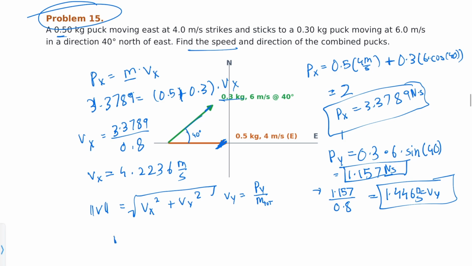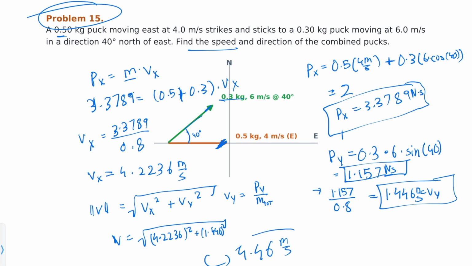So V is equal to the square root of 4.2236 squared plus 1.446 squared. And you might get a different answer than me based on whether you round it to the same decimals. So I'm plugging it in, and the total speed here is about 4.46 meters per second.